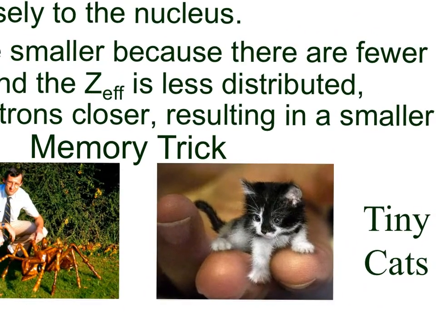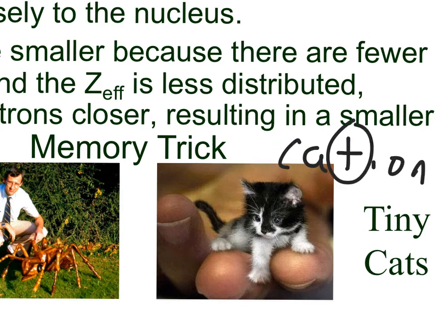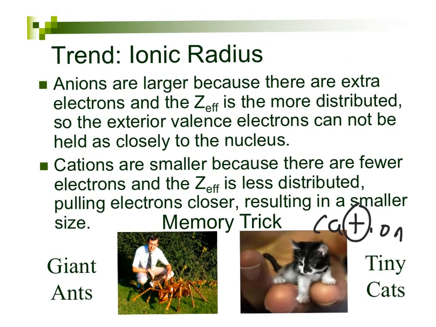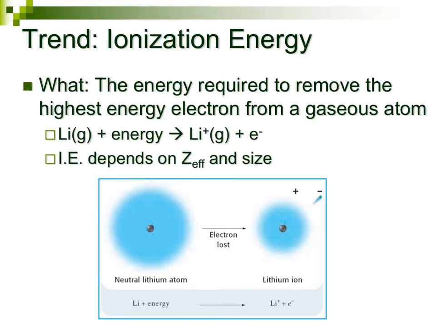One other way to remember between the two is that the word cation actually has a positive charge in the center of it with the T. So that might help you remember that anions are negative and cations are positive. Also, another one is we think negatively about ants and we think positively about cats. Now, there's a lot of people that argue with me because they can't stand cats, but that might help you remember which ones are which.